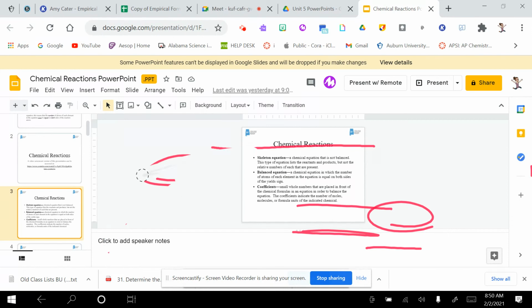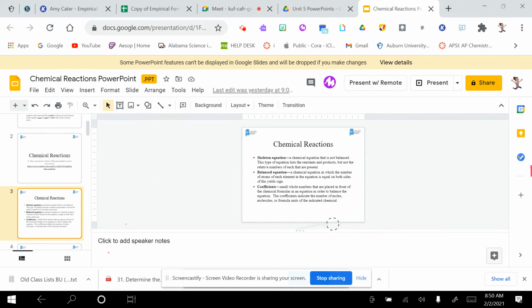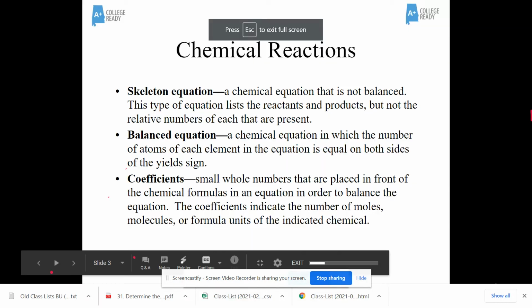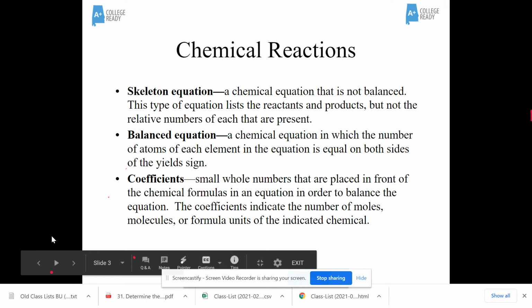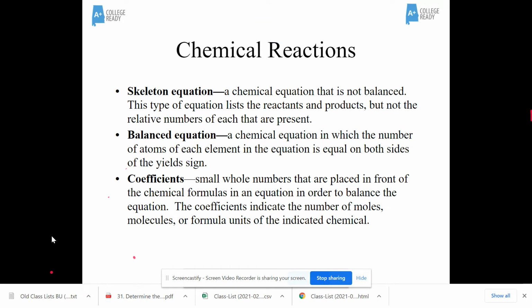There we go. All right, so a skeleton equation, like we said, is just the reactants on one side, the products on the other, the arrow is in the middle. If it is not balanced, we call that a skeleton equation. All chemical equations must be balanced.